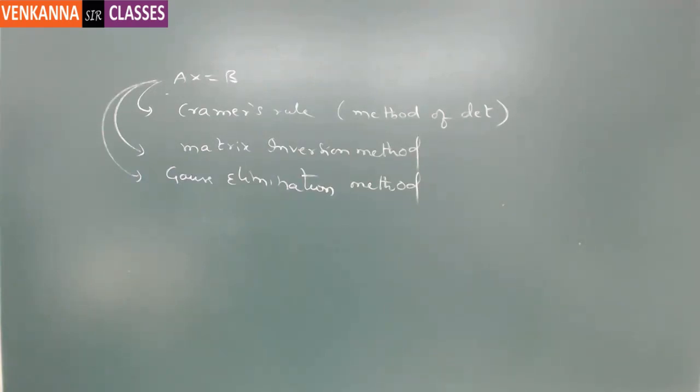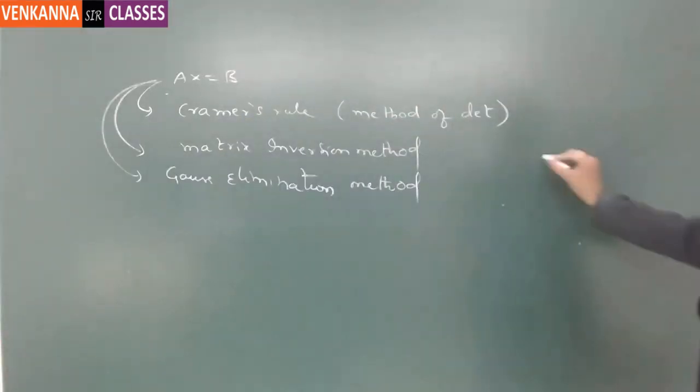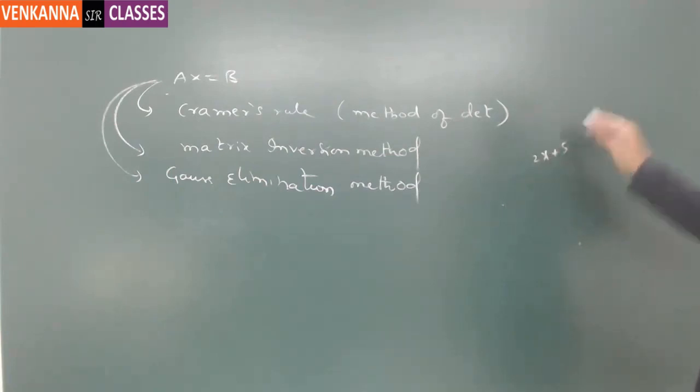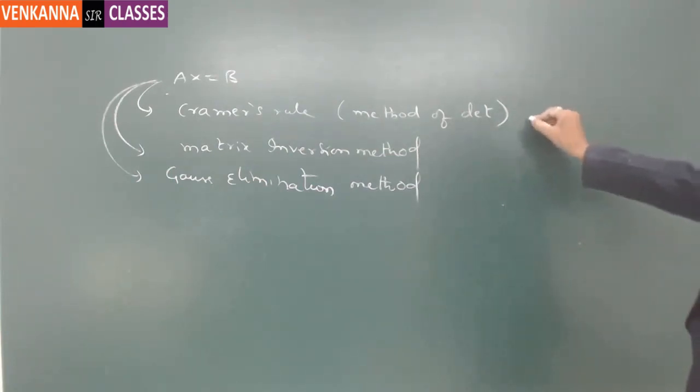Otherwise, I will give you a small illustration of how we are going to work with these methods. So do you require a small introduction to these methods? So let me start with 2 by 2. That is somewhat convenient, apart from taking 3 by 3, which saves our time. Or we can take 3 by 3 as well.